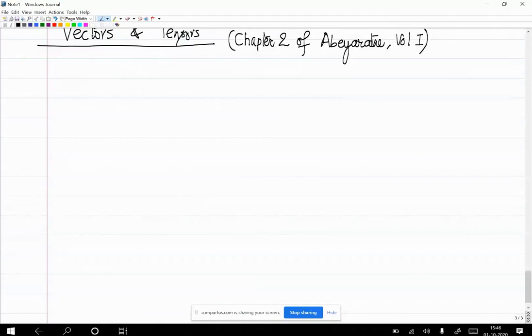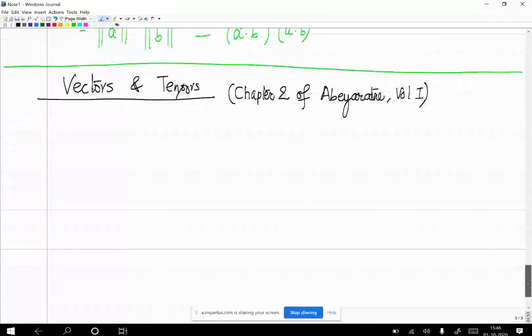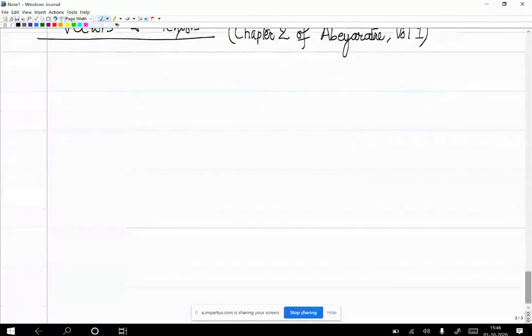And it has many more things which are all very good. So you can read the entire chapter 2, but I won't be doing all of them. At the same time, I will also be doing some extra things. Okay, so vectors and tensors.